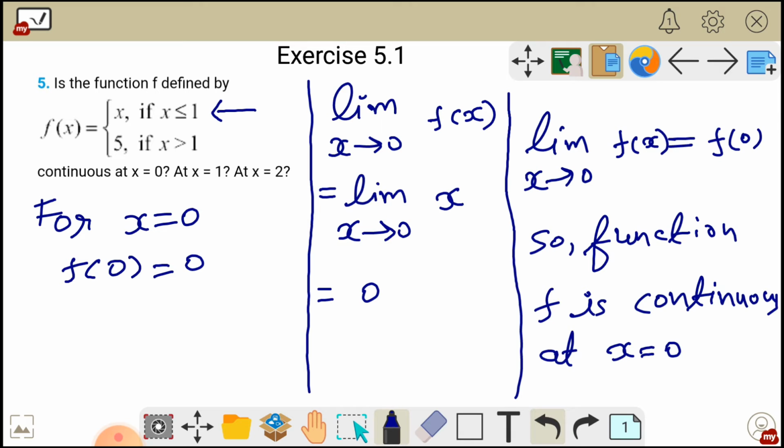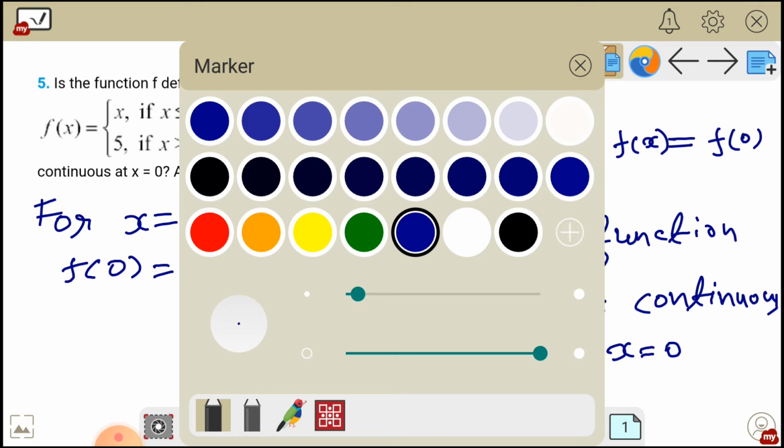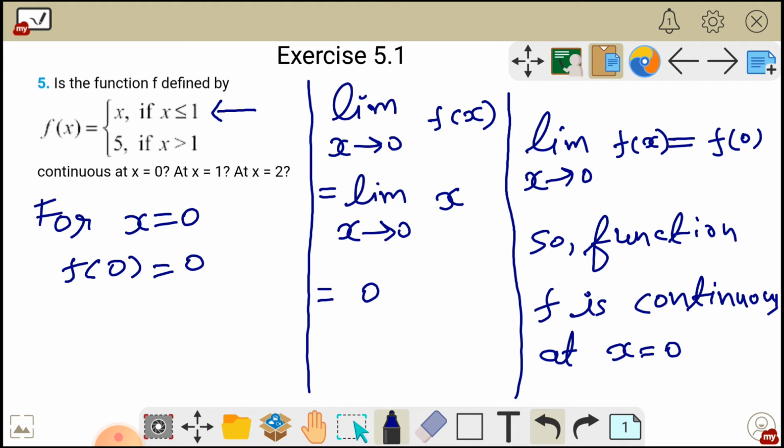Now similarly we will check this for x is equal to 1. But for x is equal to 1 we need to keep in mind that left limit and right limit should coincide. Why do we have to check that? Because the function is defined differently on both sides.